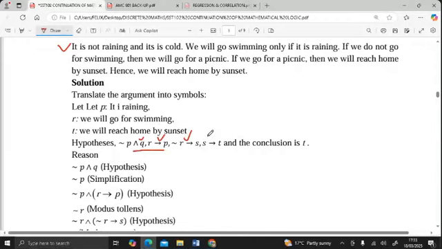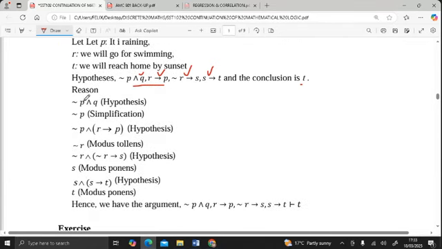You can see what we've done here. It is raining, we've called R. We will go swimming, we've called S. We will reach home by sunset, we've called T. Now we have the statement here: R implication negation R implication S, and then S implication T, and the conclusion is T.